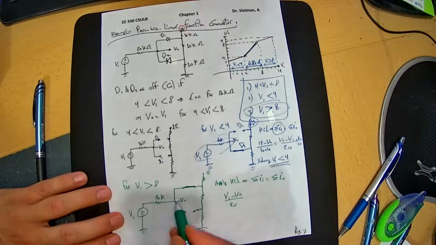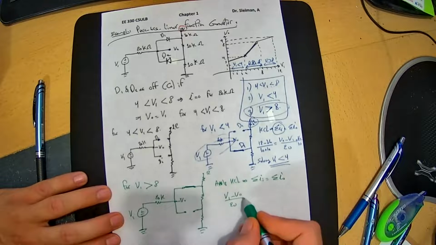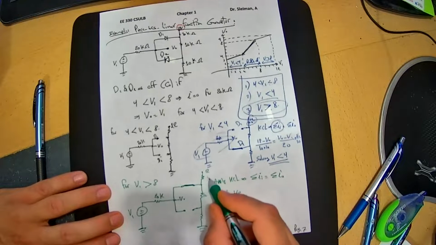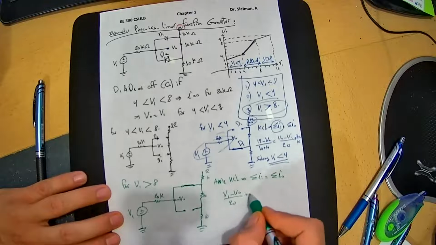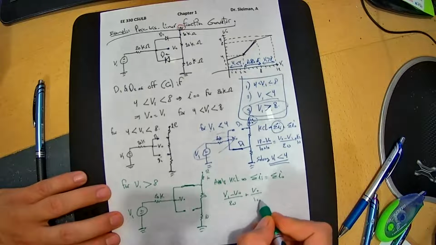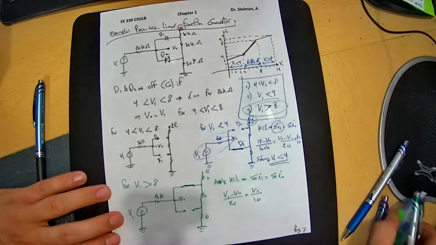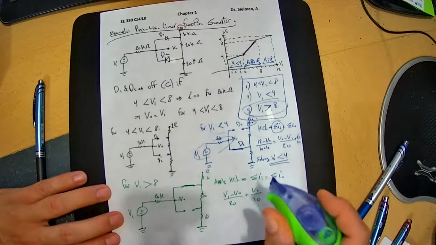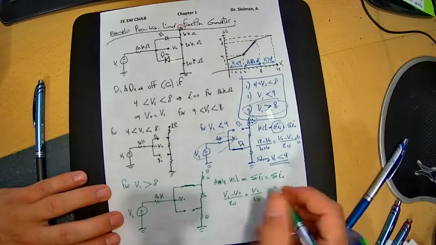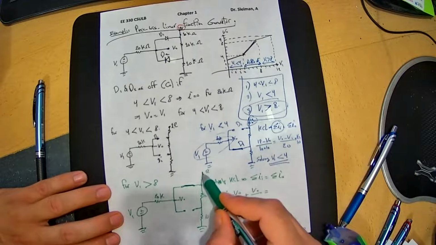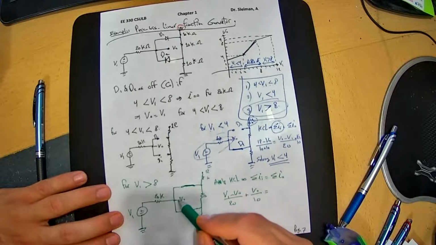And we have V0 divided by 10. It's going to be equal. And now we're going to go to 12 minus V0 divided by 10 plus 10.